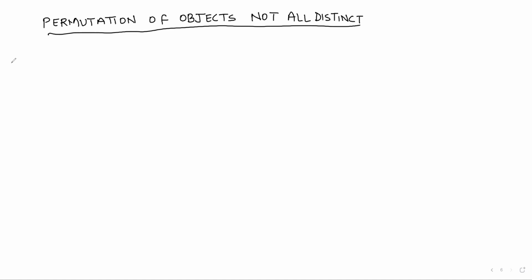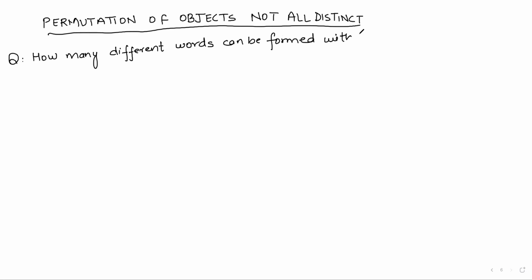Please try to do this question. How many different words can be formed with the letters of the word Mississippi?